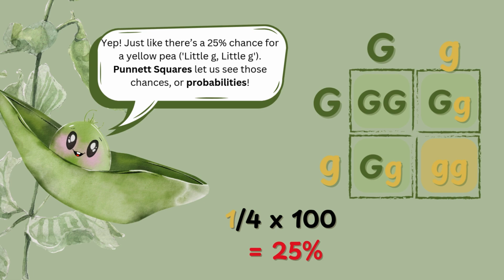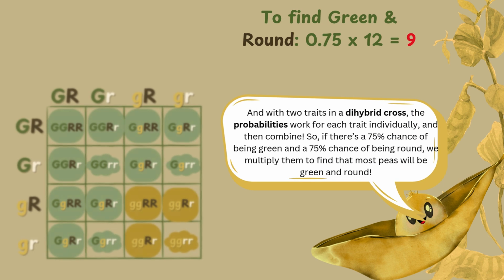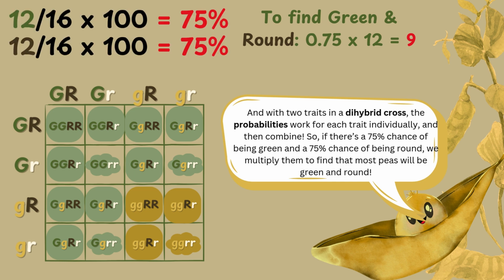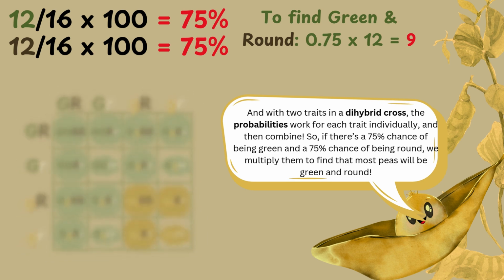Punnett squares let us see those chances, or probabilities, and with two traits in a dihybrid cross, the probabilities work for each trait individually and then combine. So, if there's a 75% chance of being green and a 75% chance of being round, we multiply them to find that most peas will be green and round.